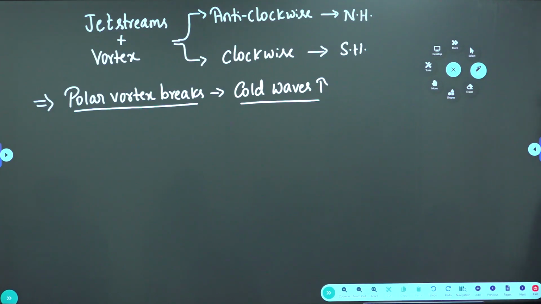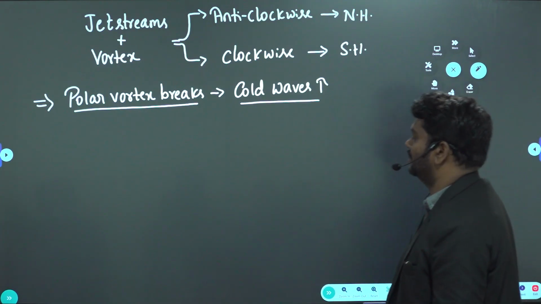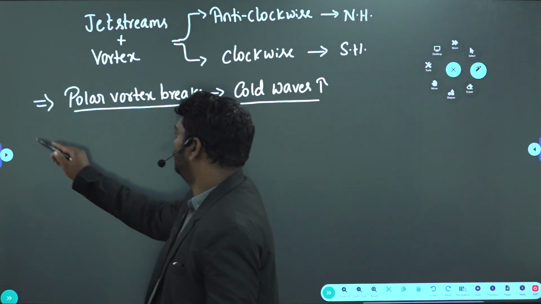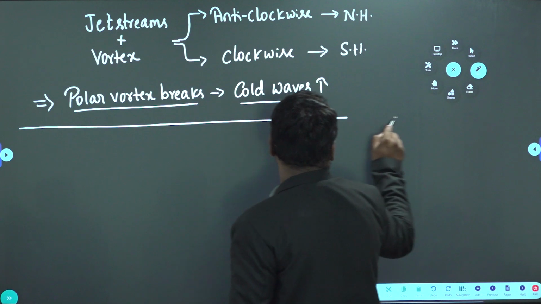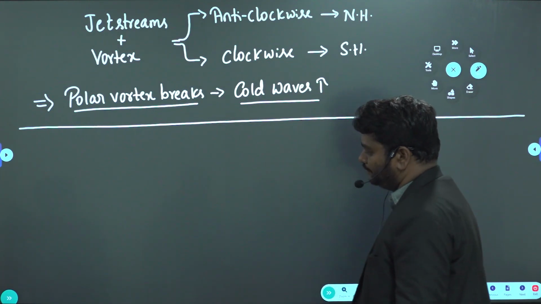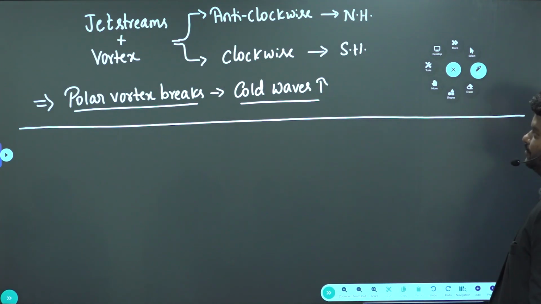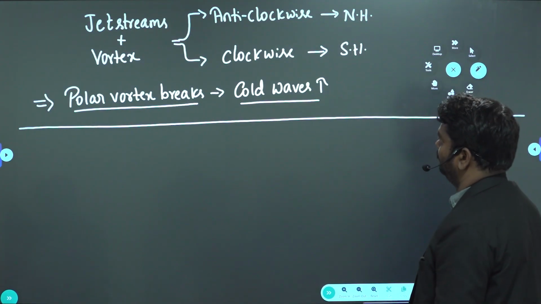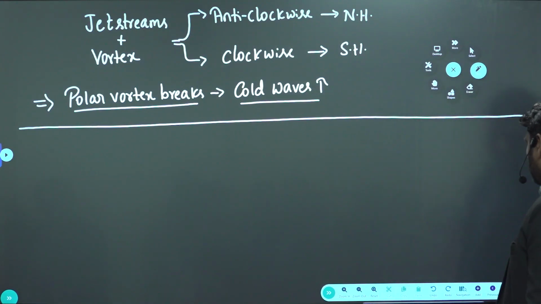Polar vortex breaks, cold waves increase. That means temperature decreases. This is all about climate.